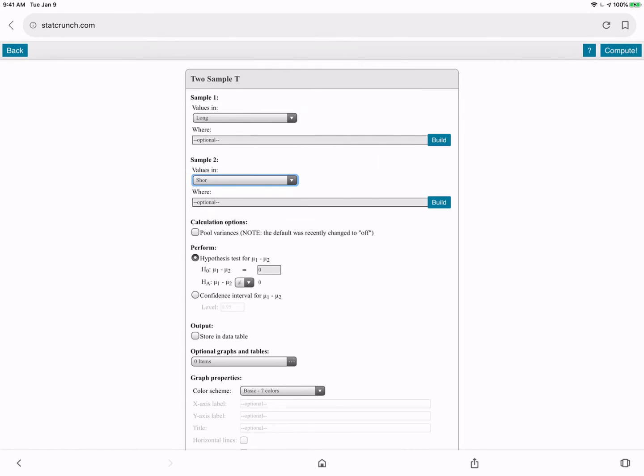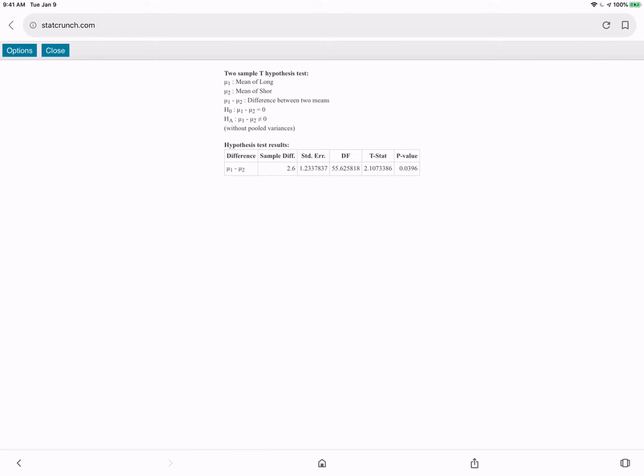You may wonder, does it matter? The answer is no, it really doesn't. We're just asking whether they're the same or whether they're different, so we have a not equal sign in our alternative hypothesis. Now we'll compute. We see our test statistic of 2.1 and our p-value of 0.039, or I rounded off to 0.04.